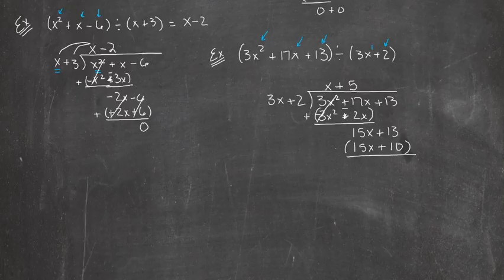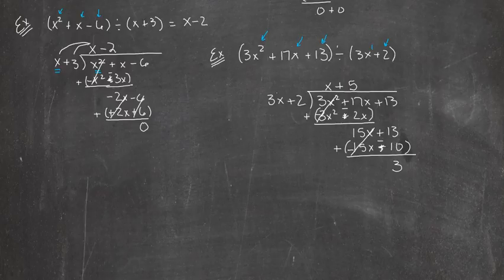Subtracting this number means distribute the negative sign, change all the signs inside, and add. 15x minus 15x, 0. 13 minus 10 equals 3. Nothing else to bring down.